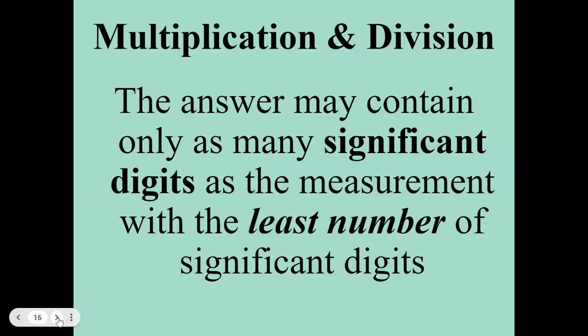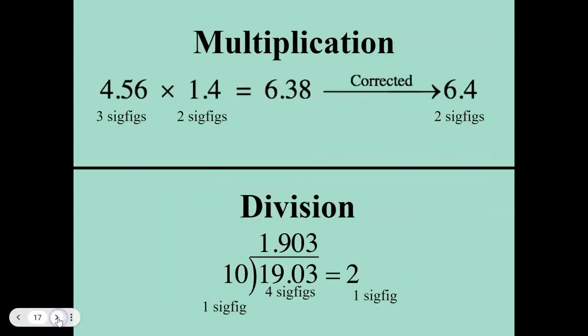And then for multiplication and division, the answer may contain only as many significant digits as the measurement with the least number of significant digits, okay? So here you have to figure out the sig figs in each one. So 4.56 has 3, 1.4 has 2, 2 sig figs is the least, so your final answer has to be reported to 2 sig figs.